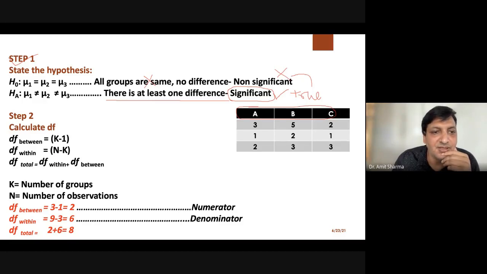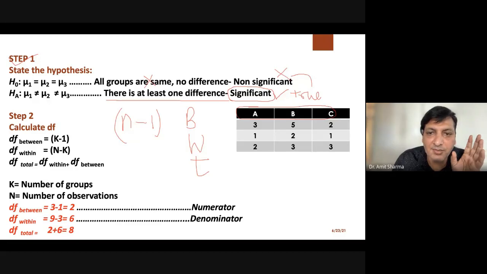So as you can see, for overall ANOVA, the formula is n minus 1, but we have to calculate separately for between, for within, and one more term called total. Whatever reading you are calculating in ANOVA, you have to calculate three times: between separately, within separately, and total separately.